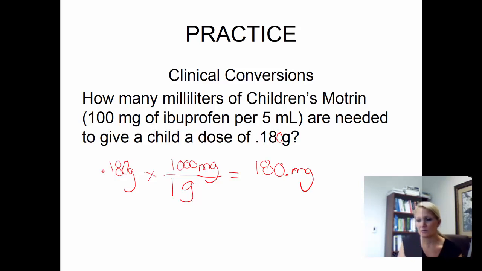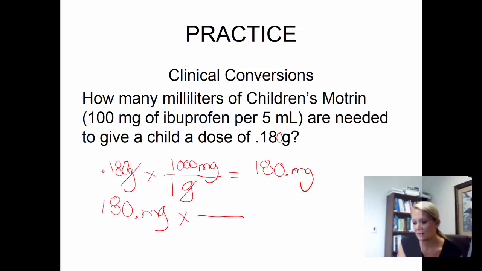Now I need to look here. I have 180 milligrams, but only 100 milligrams in 5 mils. So how many mils am I going to have to pull out of this children's Motrin to give to this child? I take that number I'm given here, and you're still thinking, just like the past 2 videos, about how you can cancel your units.